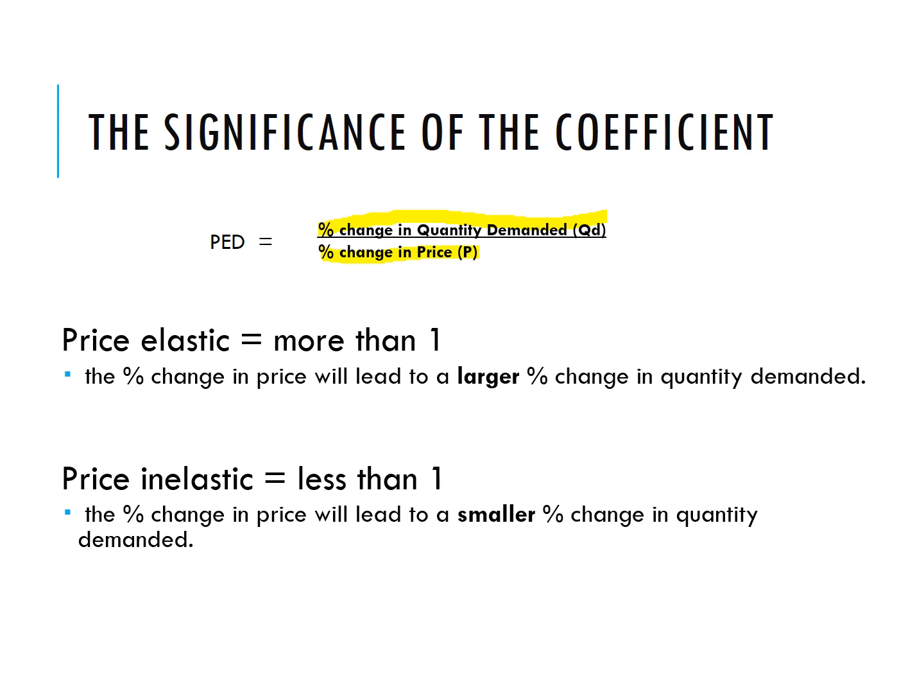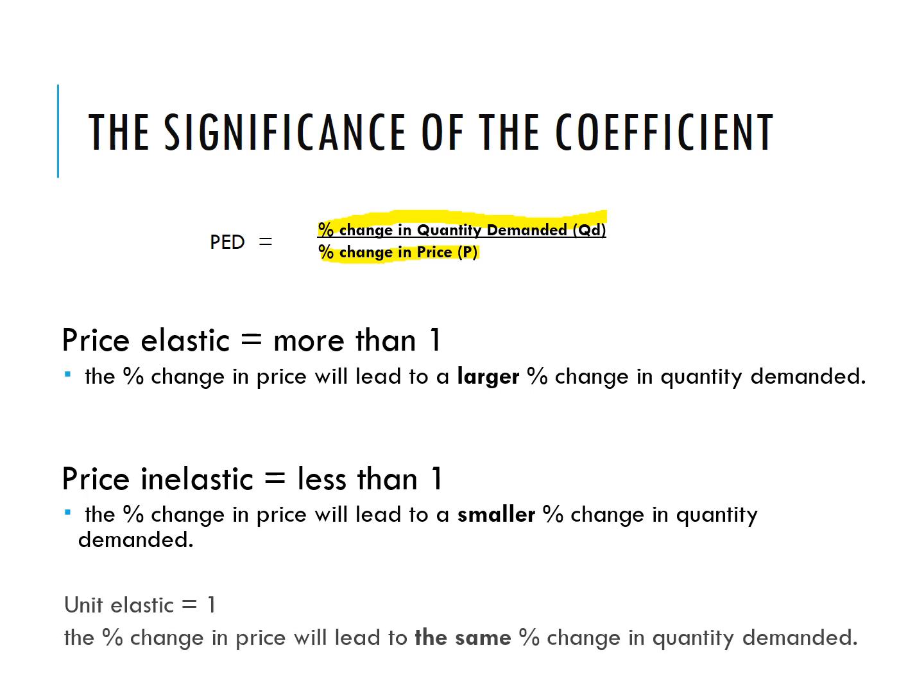And we call this price inelastic, not very responsive, not very bouncy. If the answer is exactly 1, we describe that as being unit elastic. The percentage change in price will lead to the same percentage change in quantity demanded.